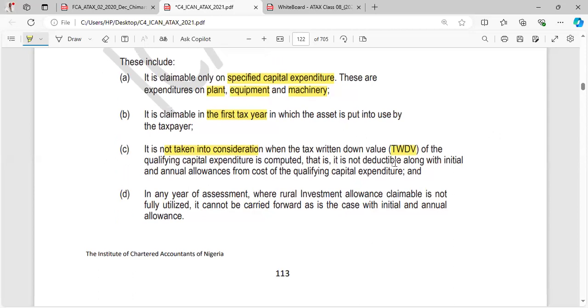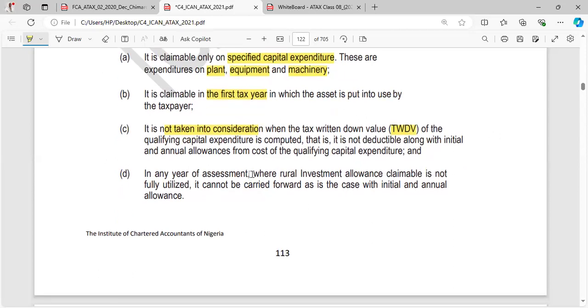I explained that before. In any year of assessment where the rural investment allowance claimable is not fully utilized, it cannot be carried forward as in the case with initial and annual allowance. So if it is not fully utilized, you don't carry it forward.